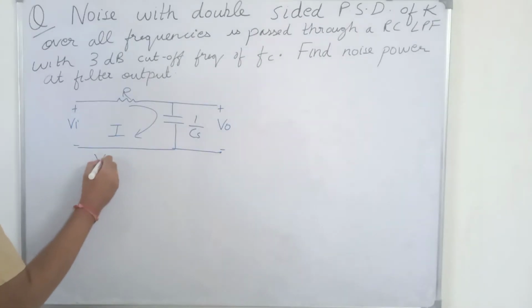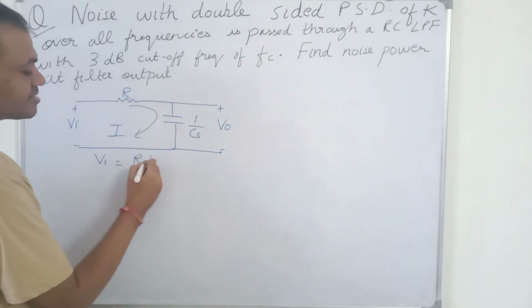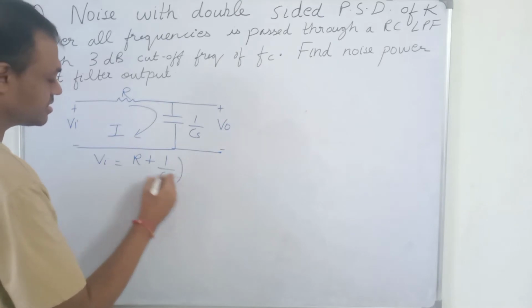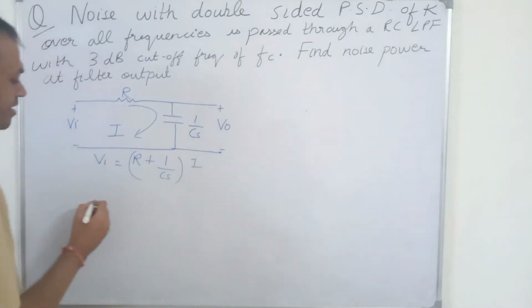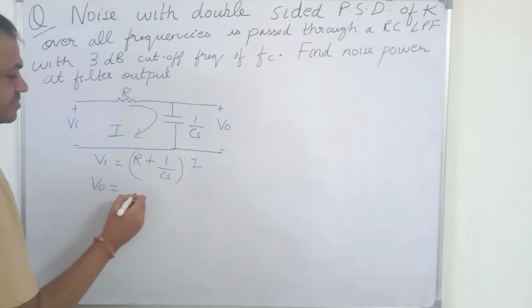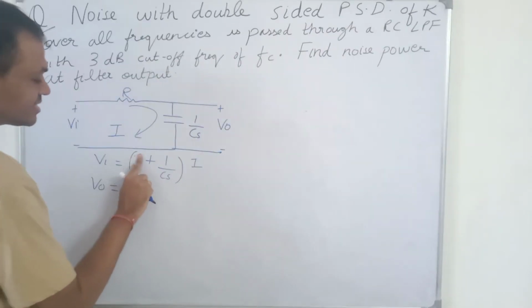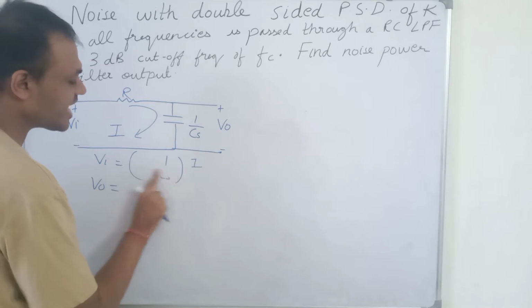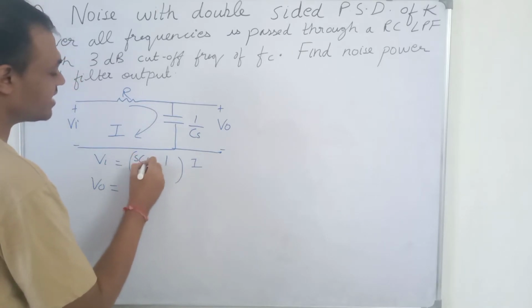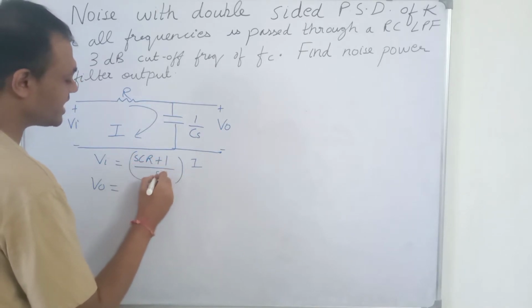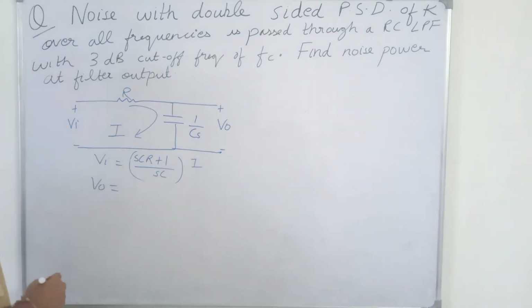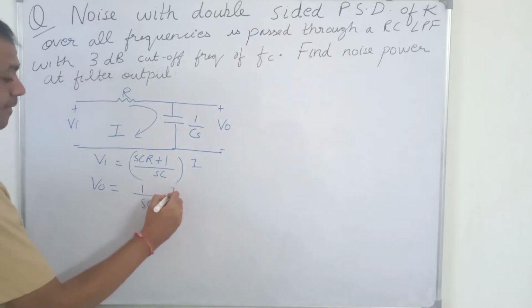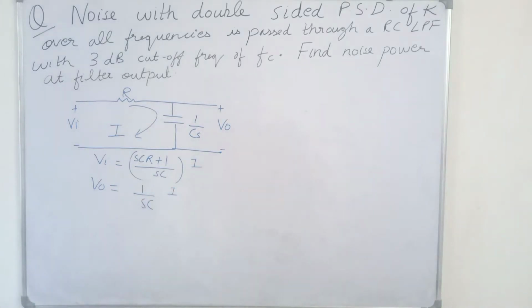So V input is equal to R plus 1 by Cs into I. Taking the LCM, that is (SCR plus 1) upon SC, into I. Similarly, V0 will be equal to 1 upon SC into I. So these are the equations for the input and output voltage of the RC low pass filter.